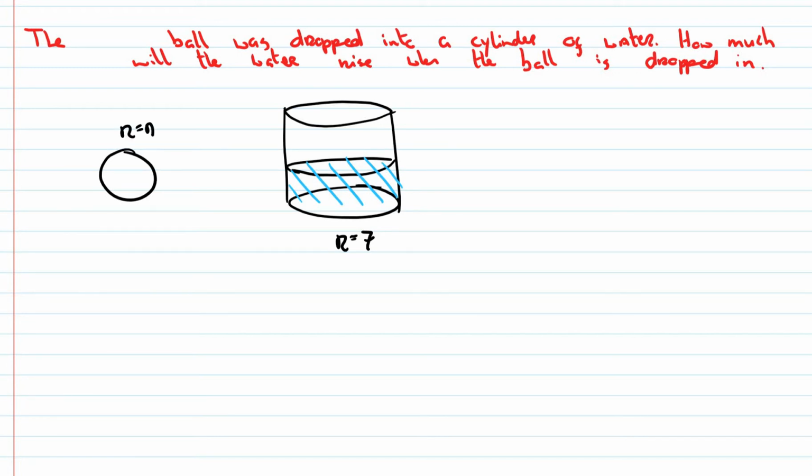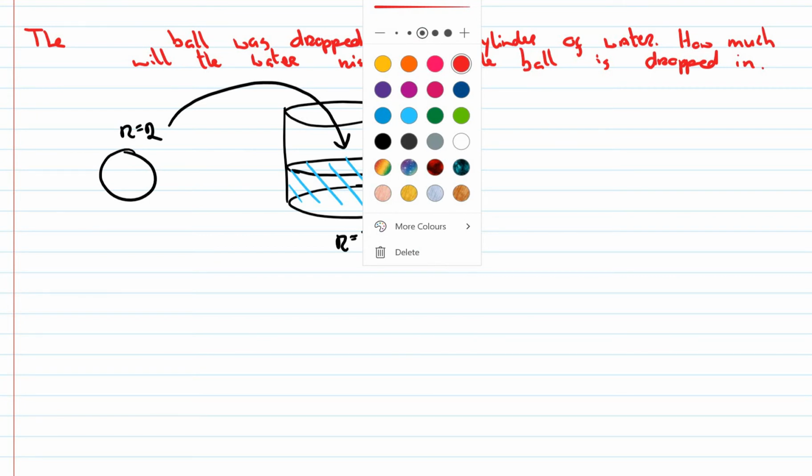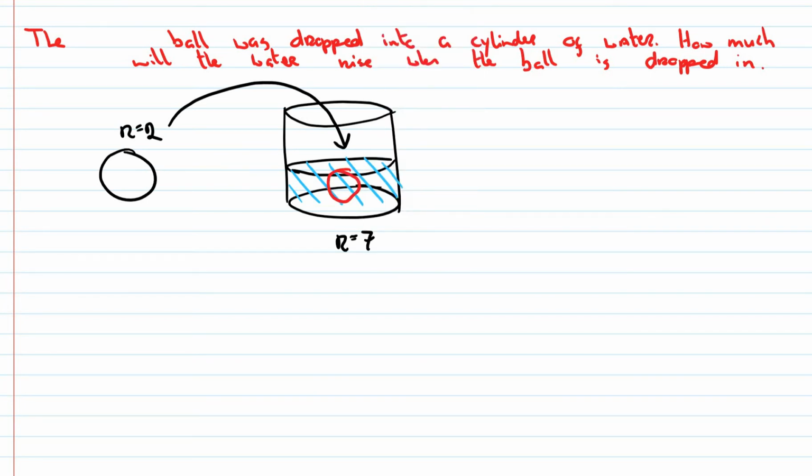Radius equals 2, we'll say. The ball is dropped in. So there's the ball, and it goes in here. Now, whatever the volume of that ball is, when it goes in here, the water is going to rise by that volume.